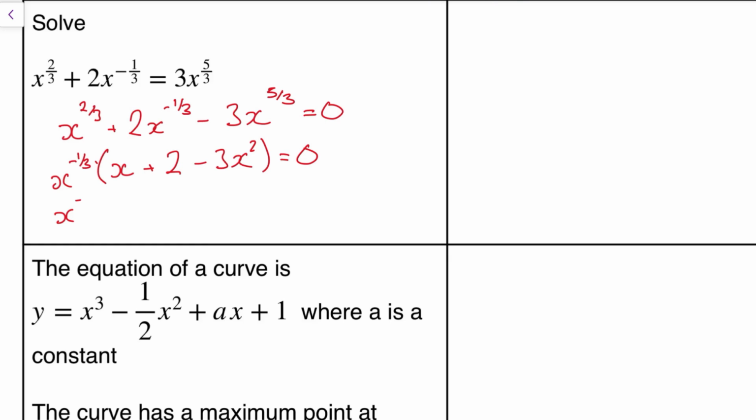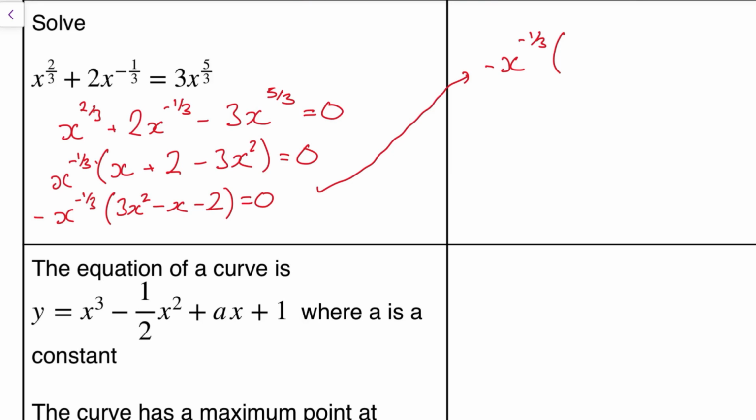So I can then say that's going to be x to the minus 1/3 times, well, let's take the minus to the outside, and that's going to give me 3x squared minus x minus 2 equals 0, which factorizes down to, let's write this as well, minus x to the minus 1/3 times (3x minus 2)(x plus 1).